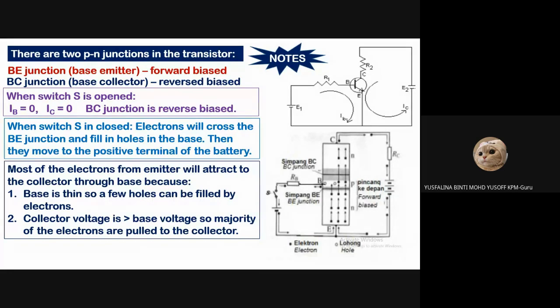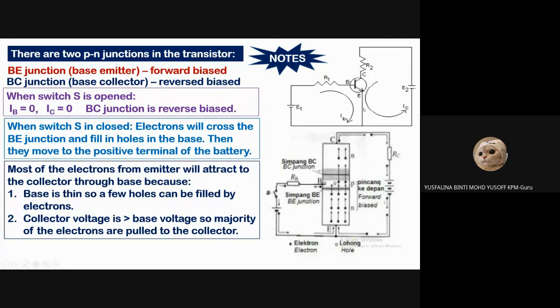Because this one is NPN, the P, positive, means it has more holes than electrons, while N means it has more electrons than holes. So for this one, it has more holes, so the electrons will fill the holes in the base here. Then they move to the positive terminal of the battery.